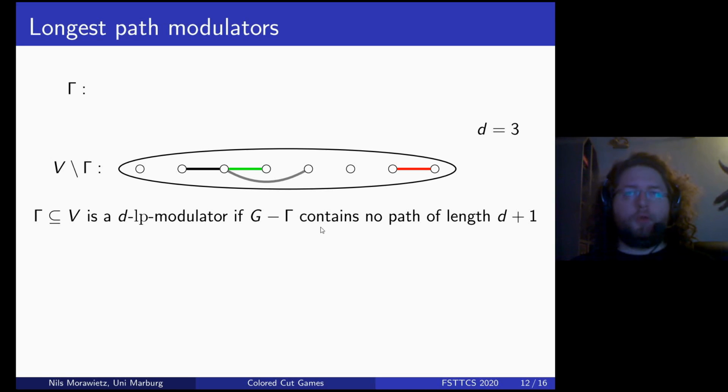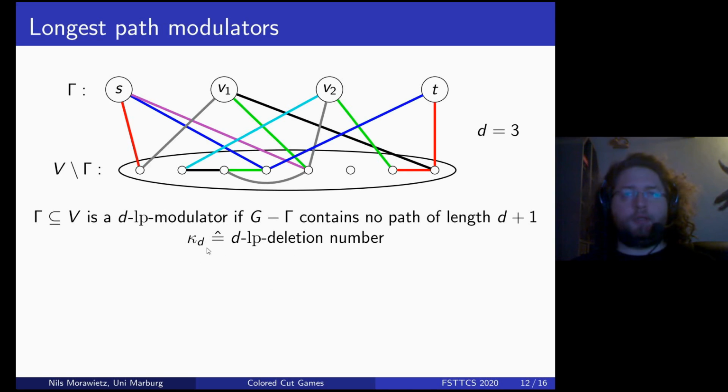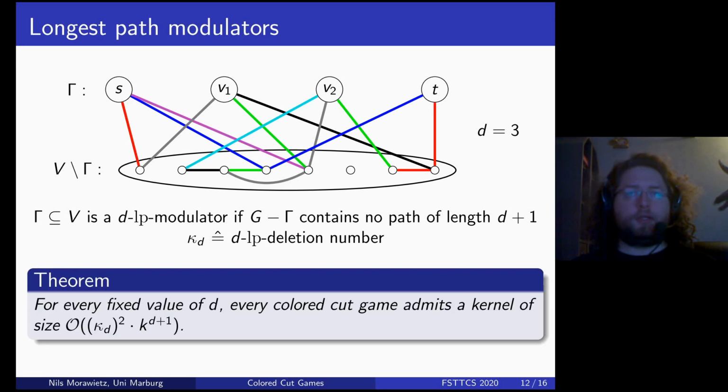So what we are looking at is not the longest path modulator itself, but κ_d, which denotes the size of the smallest d-longest path modulator, and we call this κ_d the d-longest path deletion number. We are now able to show that all colored cut games admit polynomial kernelization algorithms of size at most κ_d squared times k to the d plus 1, where k denotes the total attacker budget, so the sum over all A_1 to A_i.